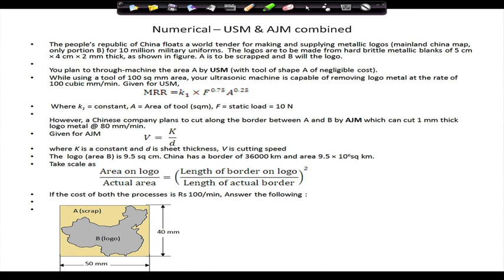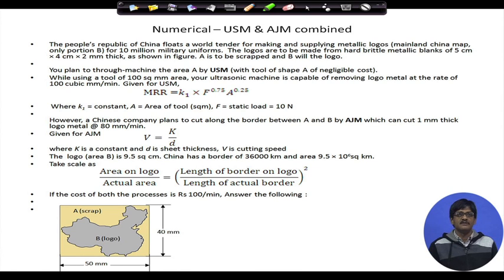So, you want to use USM, and some data is given about USM. If there is a tool of 100 square millimeters, mind you, this particular tool is not 100 square millimeters, it will have some other area of its own. While using a tool of 100 square millimeter area, your ultrasonic machining is capable of removing logo metal at the rate of 100 cubic millimeters per minute.